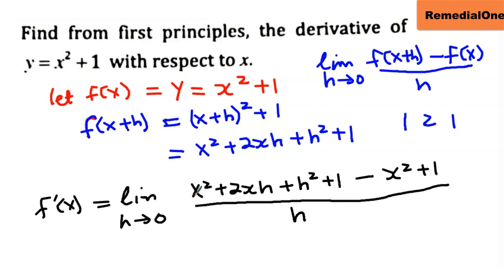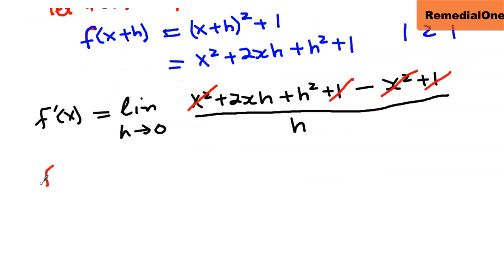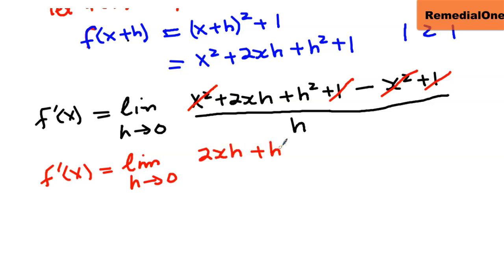So here we can cross out this, take this away, this, take that away, and then as the limit as h tending to 0, we got 2xh plus h squared all on h.